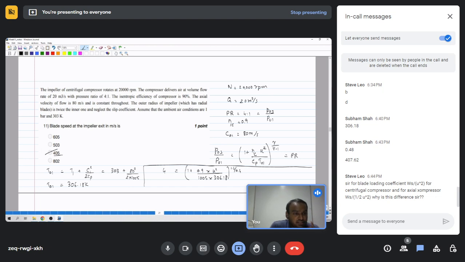actually I don't know much about this blade loading coefficient. I haven't gone through the videos fully. I will take up this question. I will check in the class and I will let you know. Blade loading coefficient for centrifugal and axial compressors.